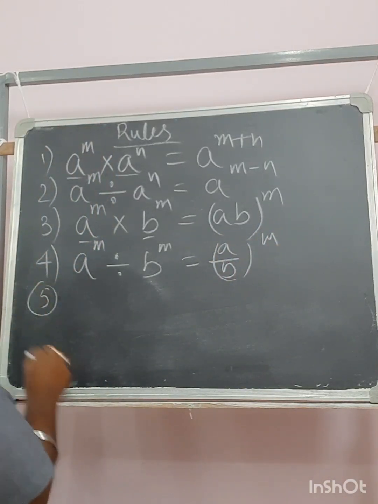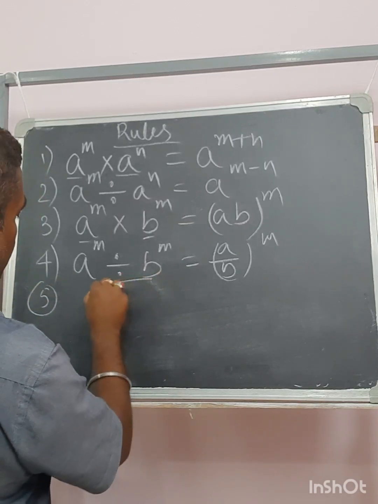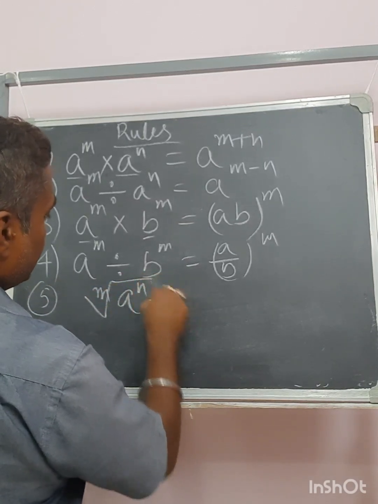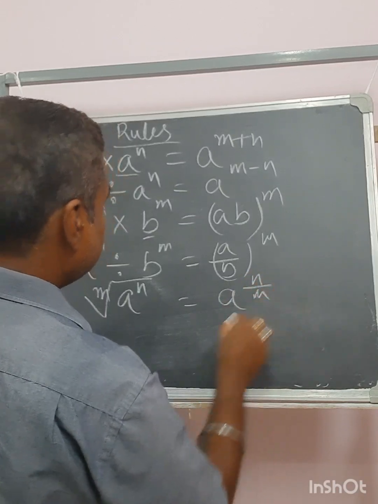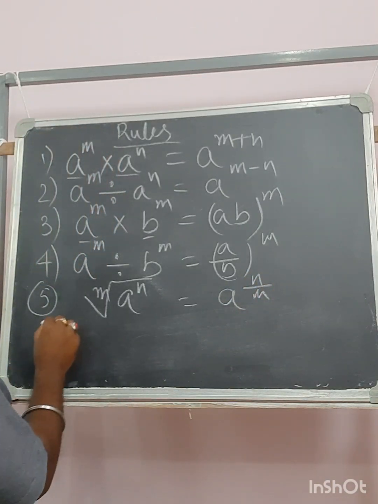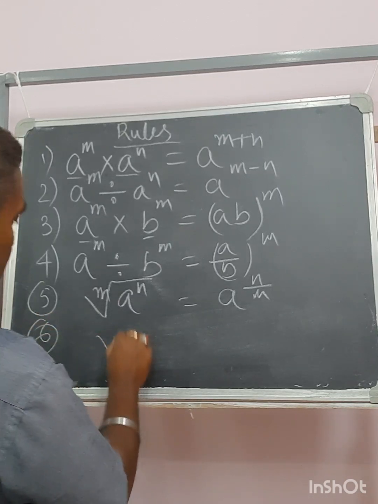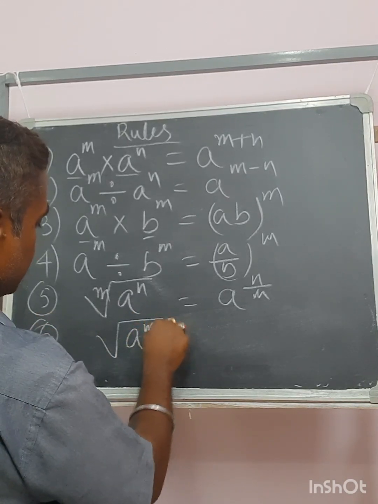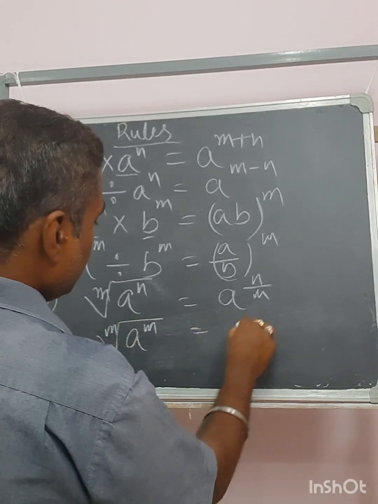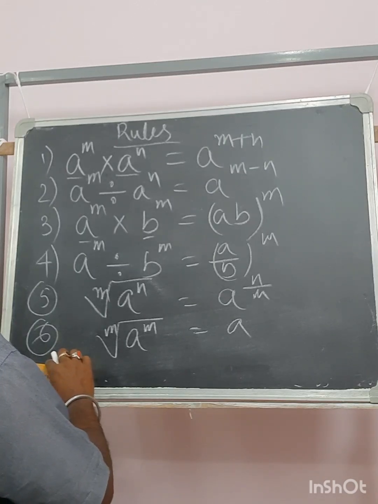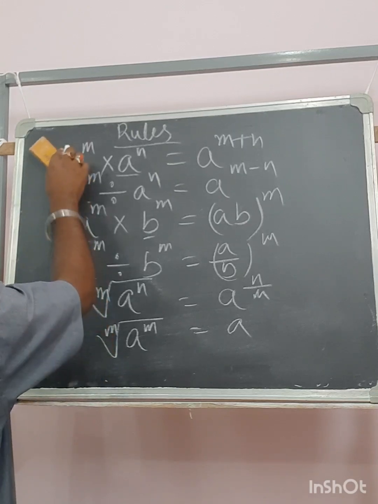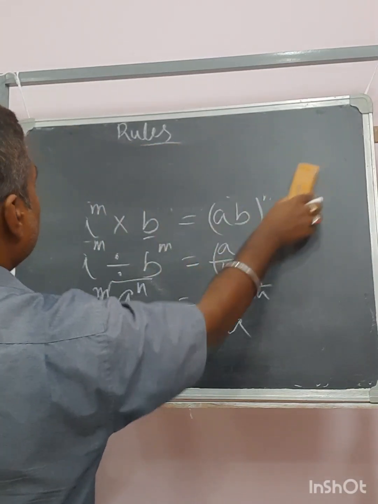Fifth, the mth root of a to the power n, I will write as a to the power n by m. Sixth, if m and n are the same, then it is a. Up to this is okay, fine.